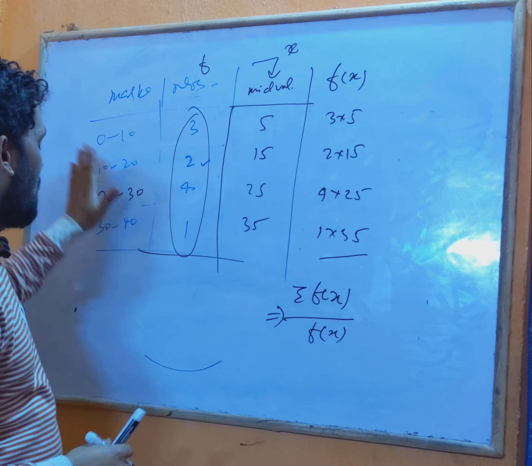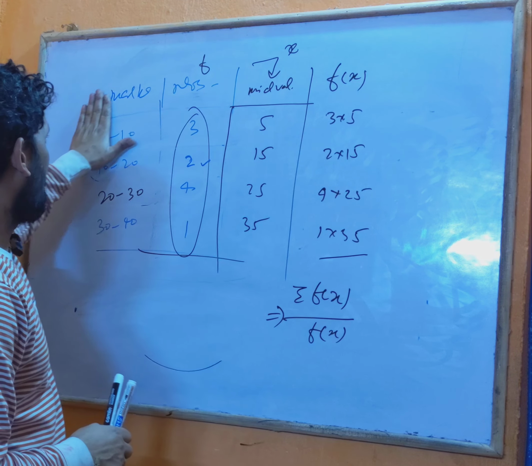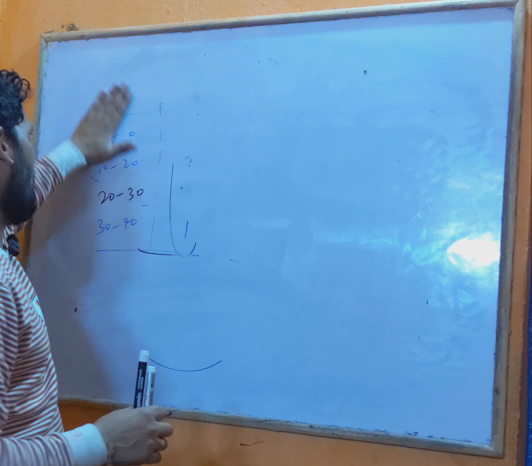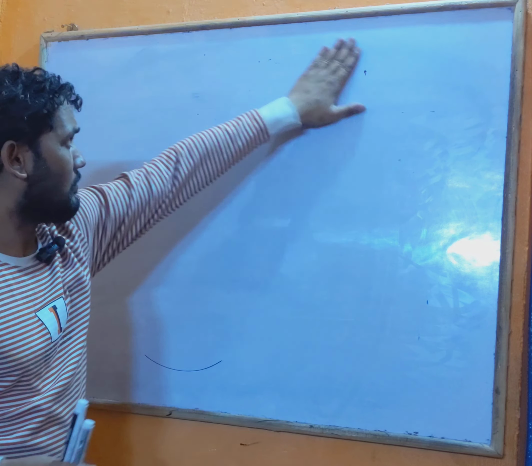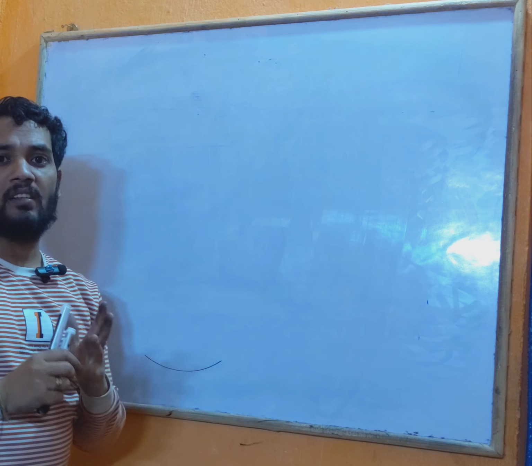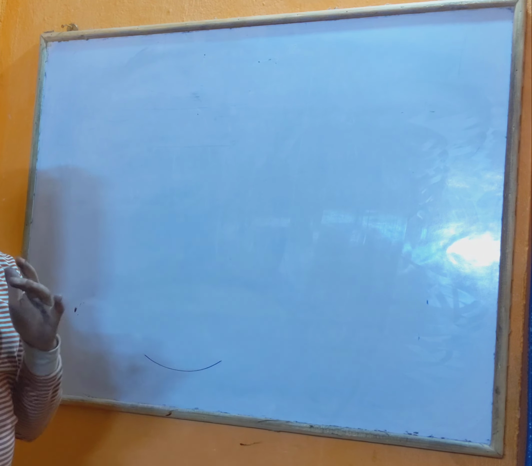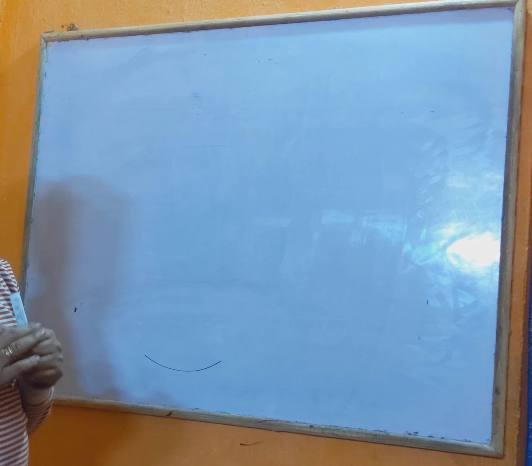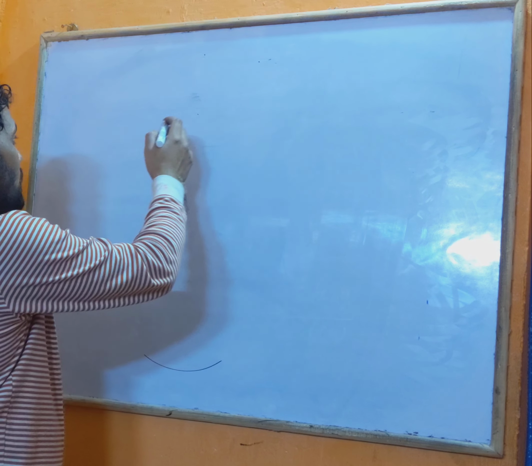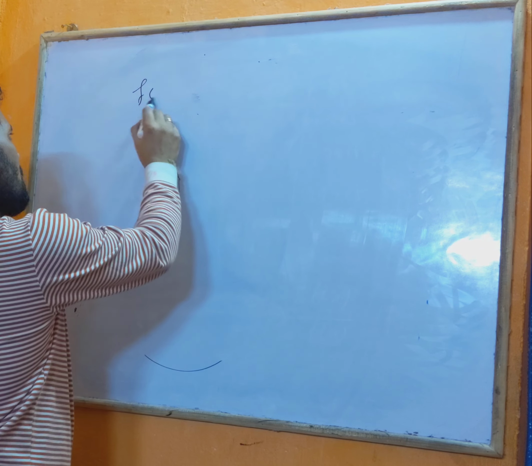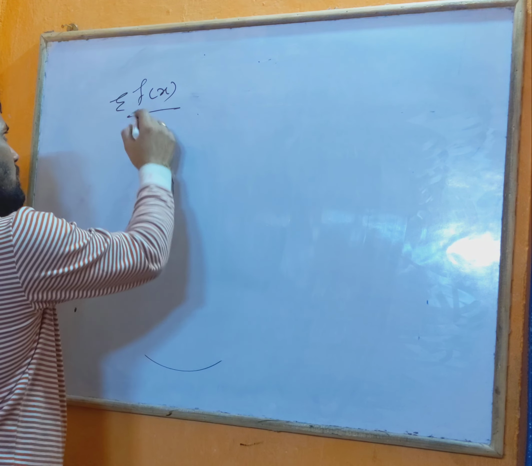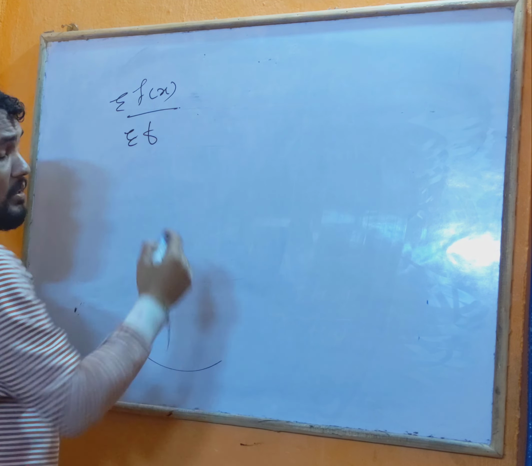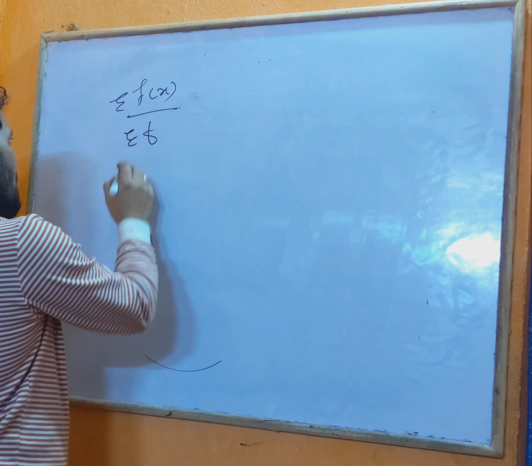So basically today we have learned median, mode and mean for simple data, grouped data and continuous distribution data. For recall, the basic formula for a mean is the sum of all the observations divided by the sum of all the frequencies.